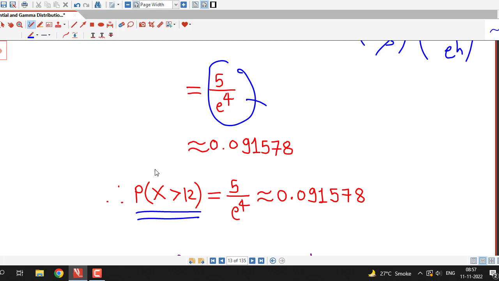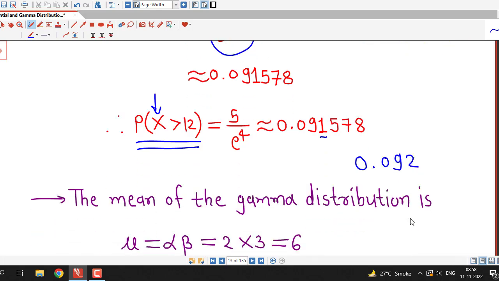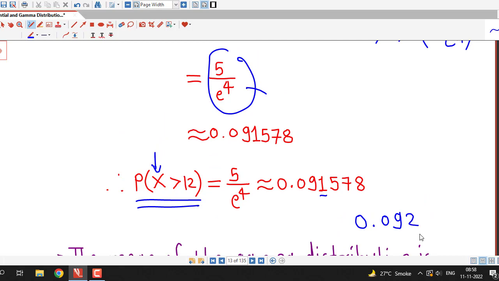The probability that daily consumption exceeds 12 is 0.091, and if we further wish our answer up to 3 decimal places, then here I have to write 0.092. So the required probability that power supply will be inadequate on any given day is 0.092 or 5 divided by e raised to 4.